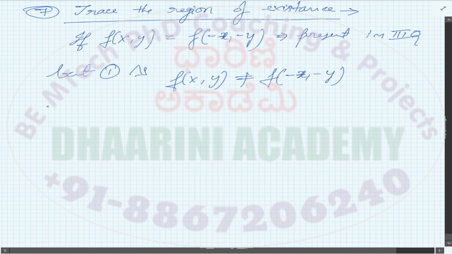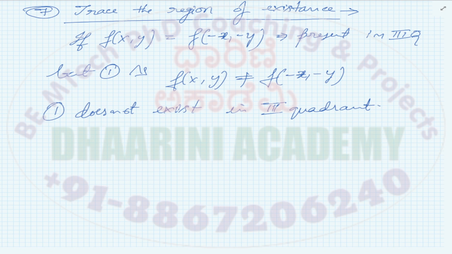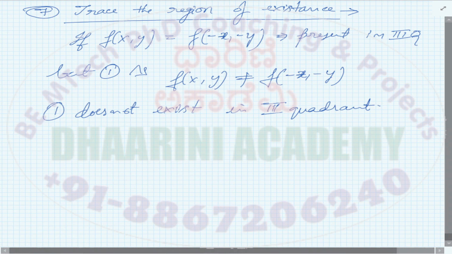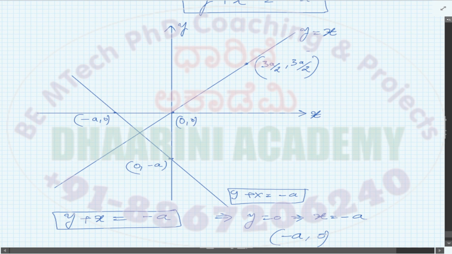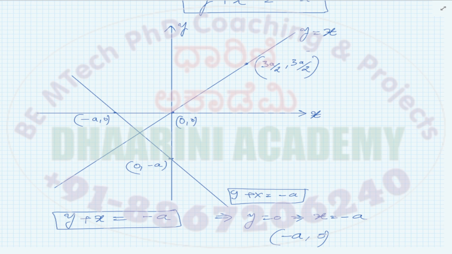Since this is the case, equation number 1 does not exist in the third quadrant. So I understood, right? Now I have enough details so that I can plot the curve. Now let's go back. Let me just copy this and let's draw the curve as a final answer.